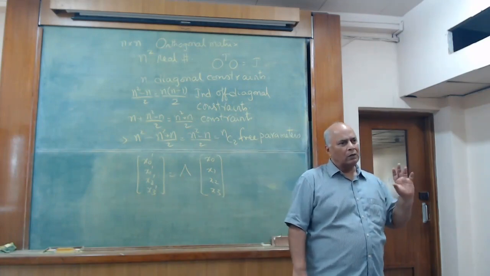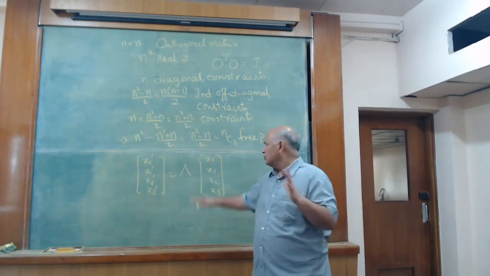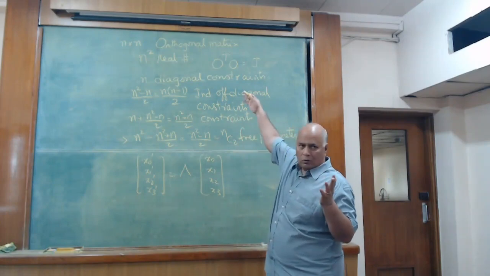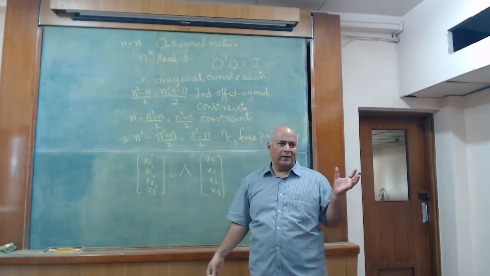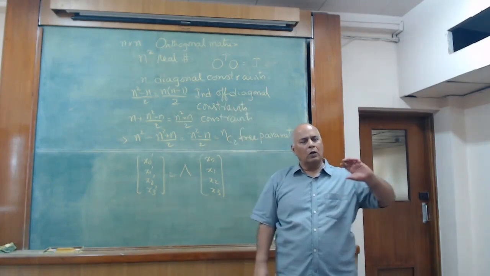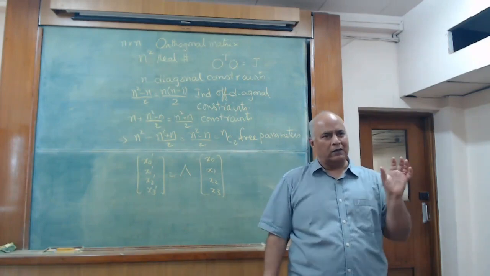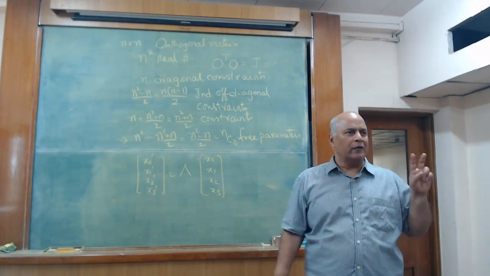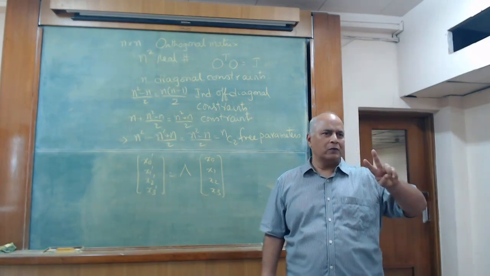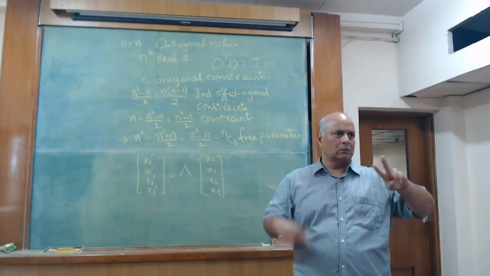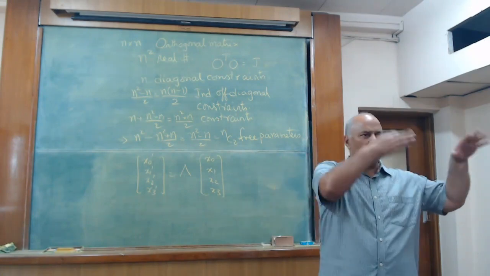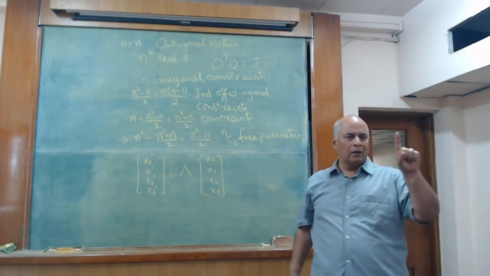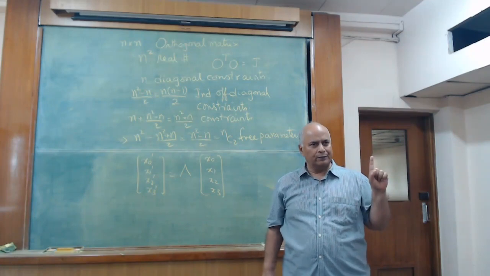See, we want this O is a rotation matrix, and what is the simplest rotation that we discussed? Simplest rotation involves two variables, x1, x2 go to x1 prime, x2 prime, and that involves one angle.